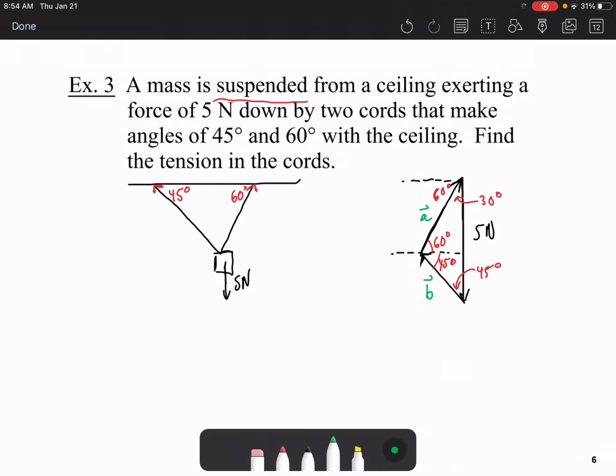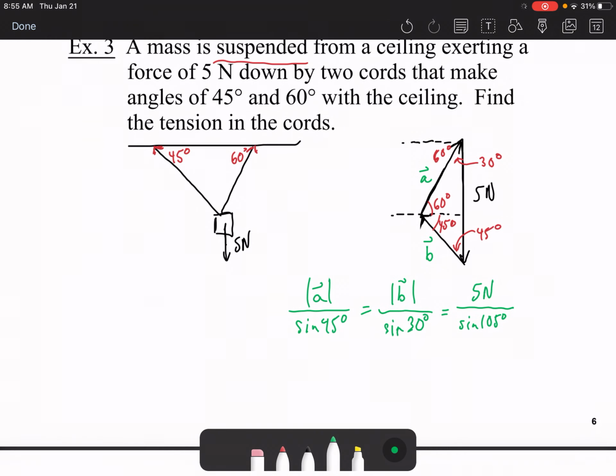So what I can do is set up a ratio here. The magnitude of A is opposite the angle of sine of 45 degrees. The magnitude of B is opposite the angle of 30 degrees. And the 5 newton force is opposite sine of 105 degrees.